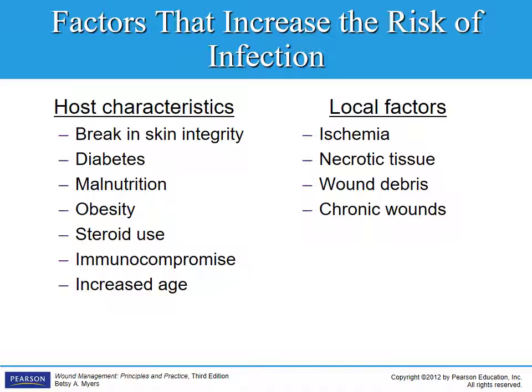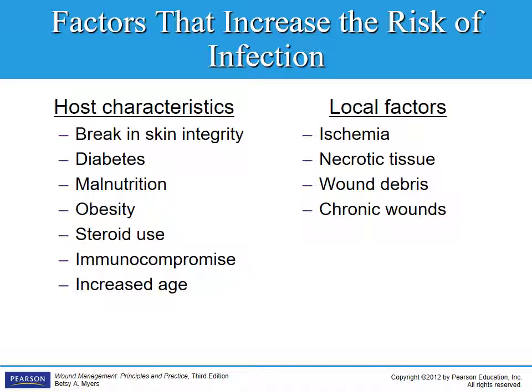The local factors are ischemia. Let's say there's a peripheral vascular disease going on and there's not a whole lot of arterial supply. There can be a high level of necrotic tissue because of lack of debridement. There could be wound debris that the bacteria are living on, or it could be simply a chronic wound.